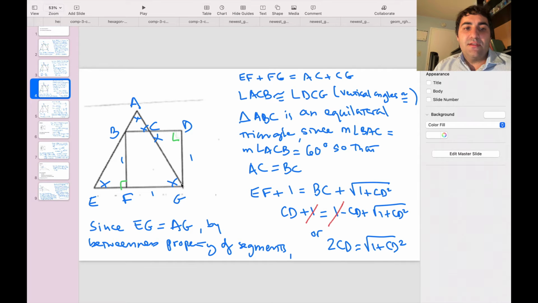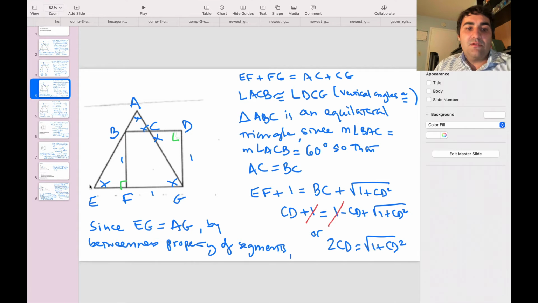So we have this angle here, DCG, which has a vertical angle, right? Angle ACB. So angle ACB and angle DCG are going to be congruent, right? And we know that this angle here, DCG, is congruent to this angle, EGA, which we showed earlier.